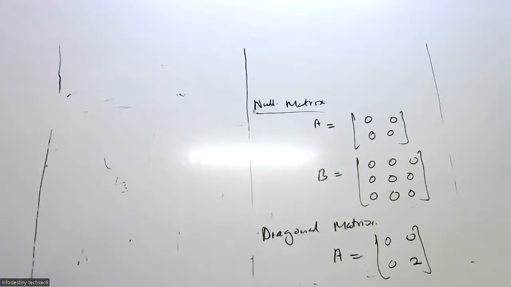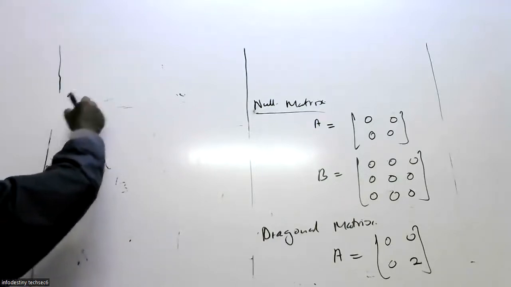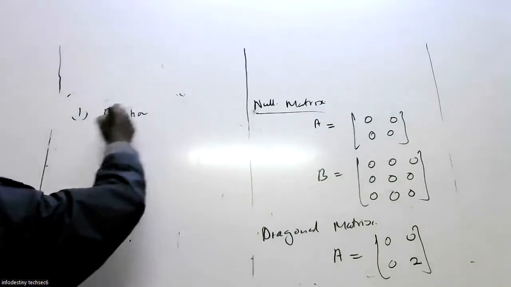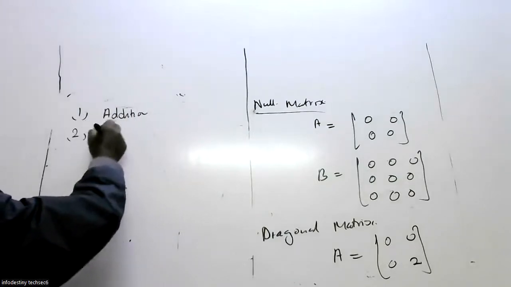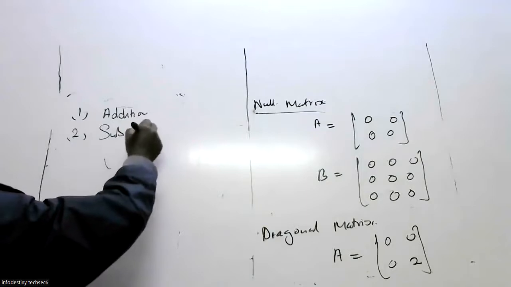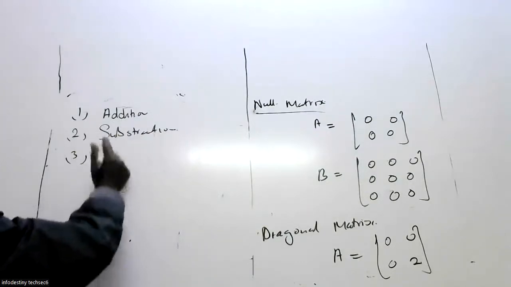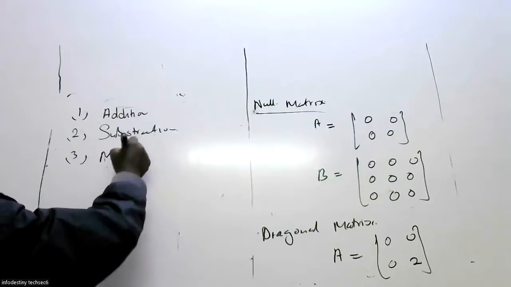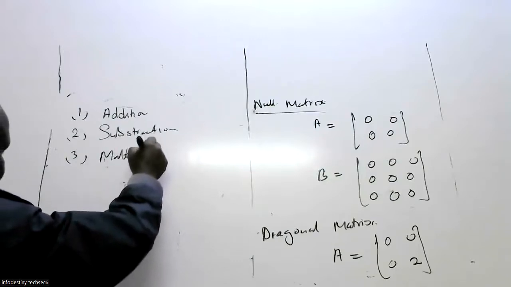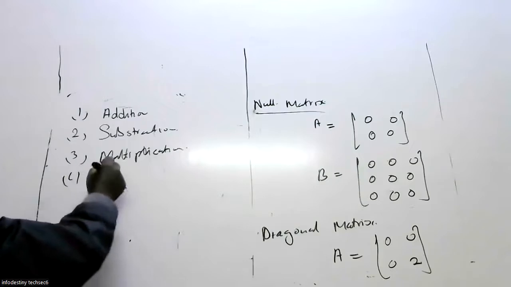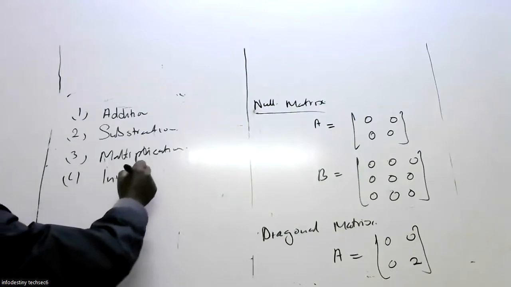So the common matrix operations are: 1, we have addition. 2, we have subtraction. 3, we have multiplication. 4, we have inversion.